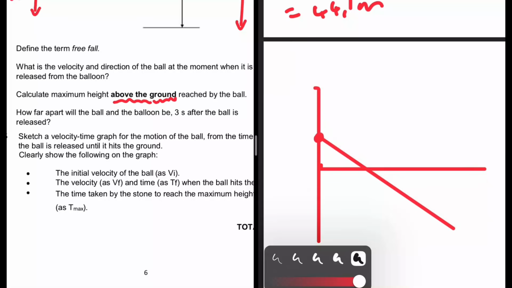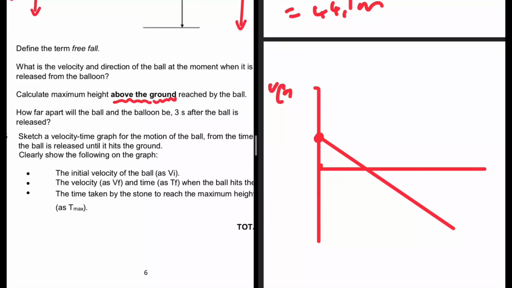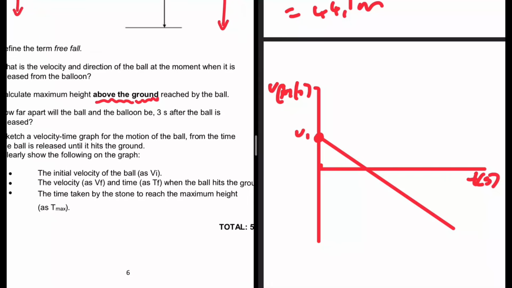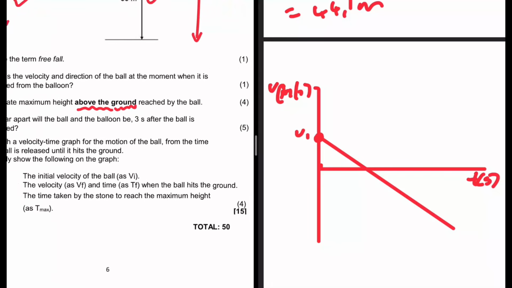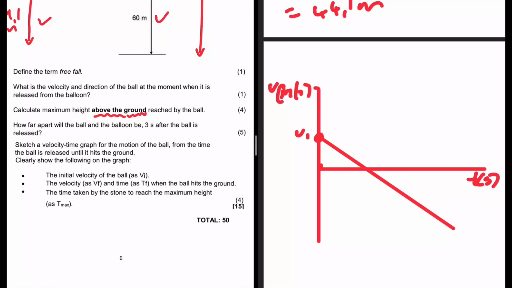So what are we supposed to indicate? Well, first V in meters per second, because if you don't label your axis, I don't know what that thing is. Is it a graph? I don't know what's going on. So this is Vi, the velocity as Vf, and time as Tf when the ball strikes the ground. So here we have Tf, and then this is Vf.